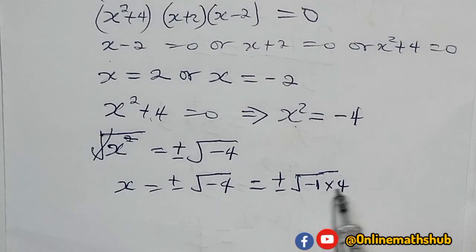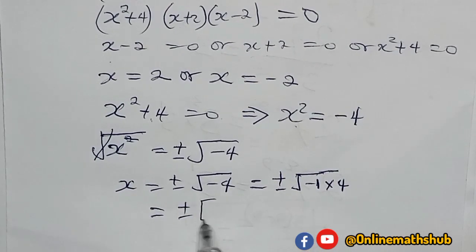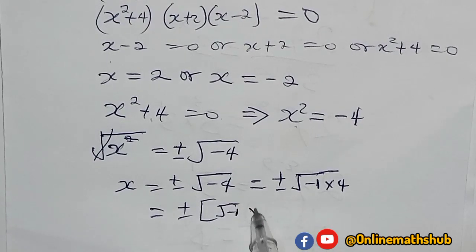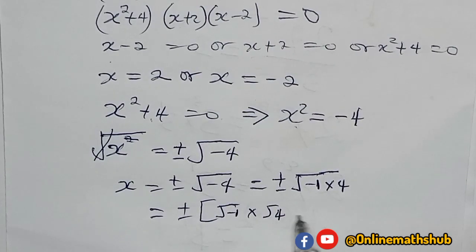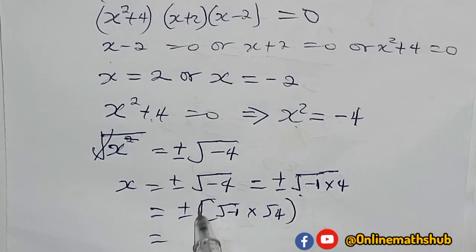Of course, I can also write this as plus or minus. I can split this as root minus 1 multiplied by root 4, and obviously I'm putting this in bracket.